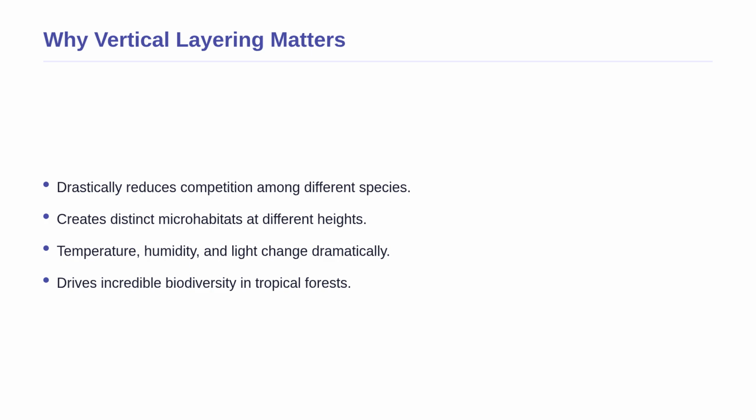Because the canopy blocks wind and sun, the temperature, humidity, and light levels change dramatically as you move downward. A bird needing dry, bright conditions thrives at the top, while a moisture-loving amphibian thrives at the bottom. This stacking is the secret engine driving incredible biodiversity.